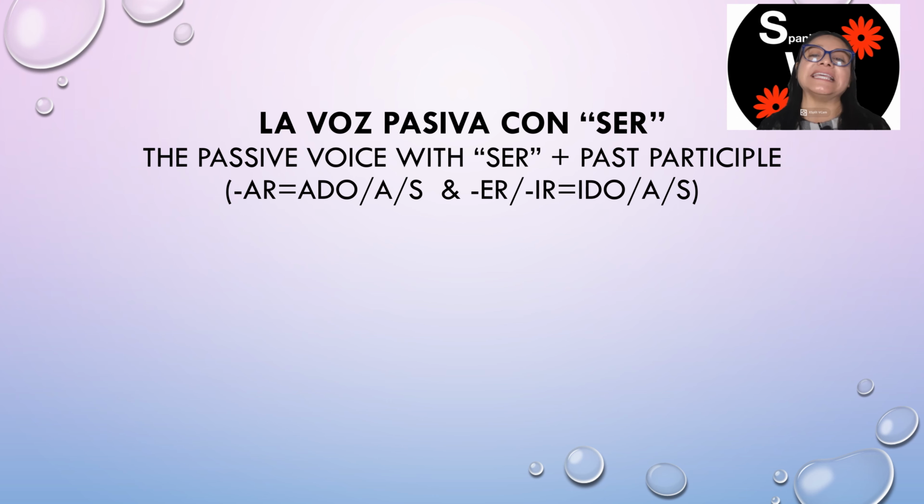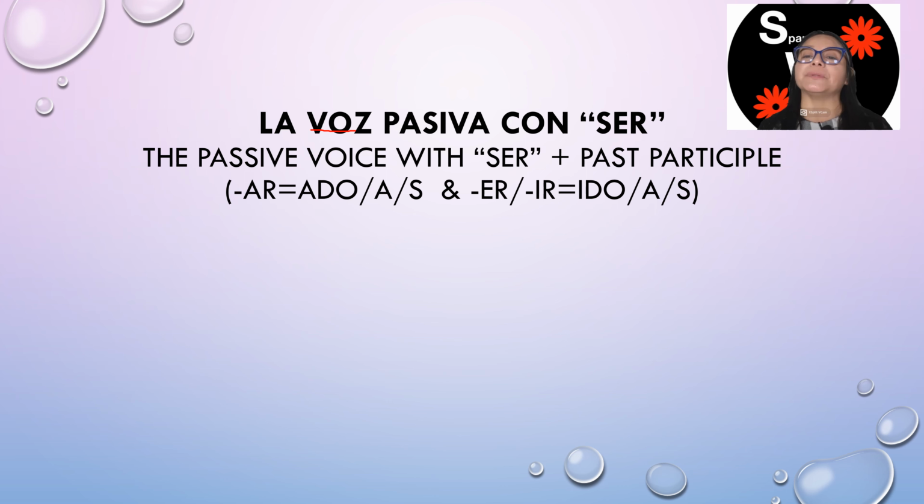La voz pasiva con ser. The passive voice with ser will use the past participle, and remember that regular verbs ending in AR go to ado or ada. Ado for masculine. You will change the O into an A for feminine singular, and then you can add an S when they're plural.